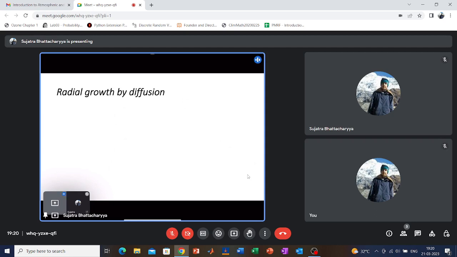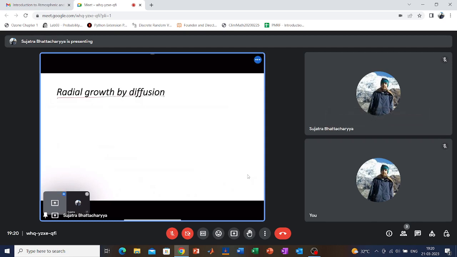This is the last thing I will do. But since it's a big derivation, it may take 20 to 30 minutes to understand fully. Okay, so this is the radial growth by diffusion.